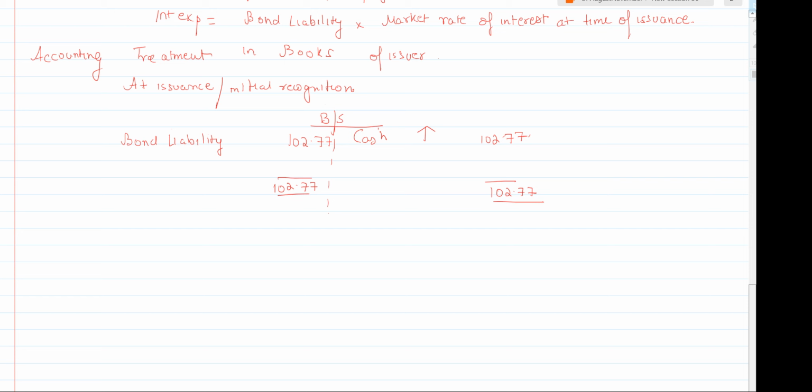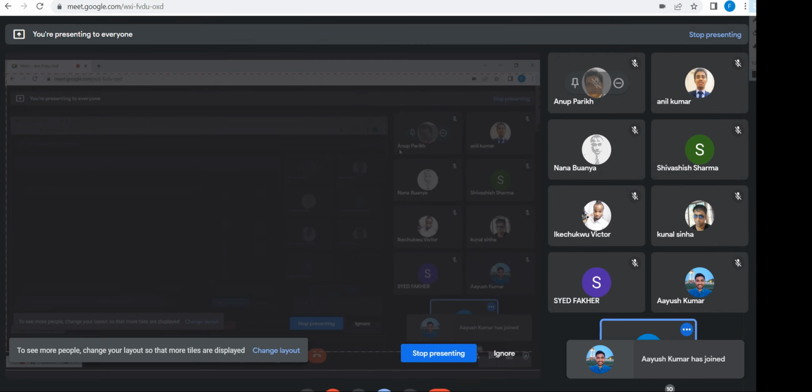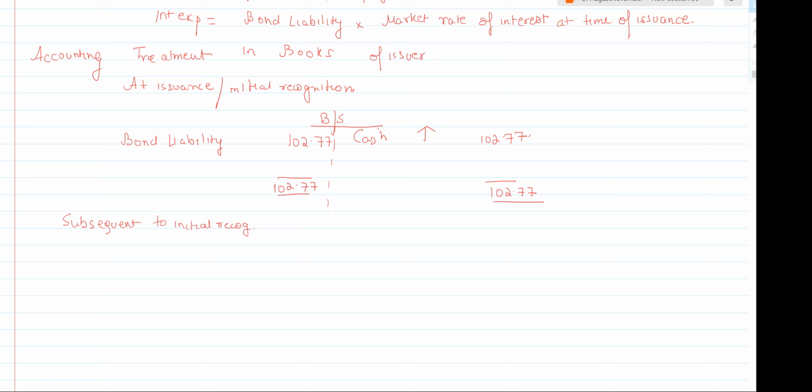Now, subsequent to initial recognition, in subsequent years, what happens, guys? What was the premium at which the bond was issued?